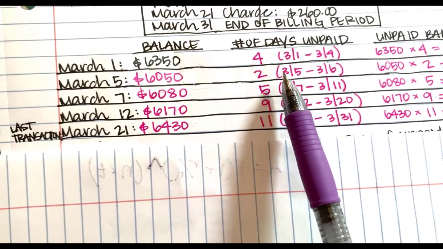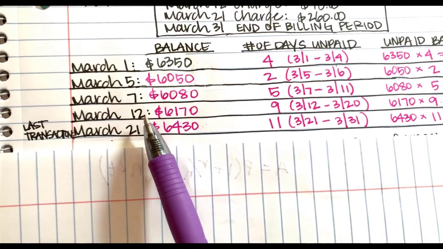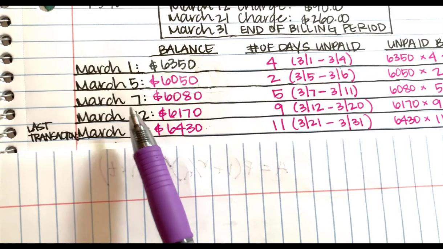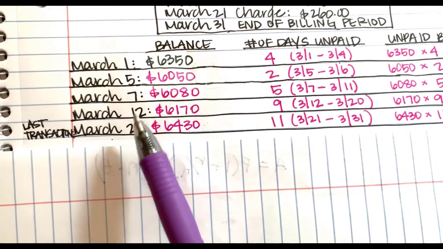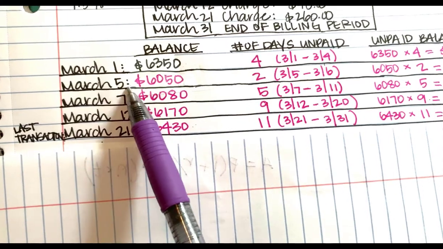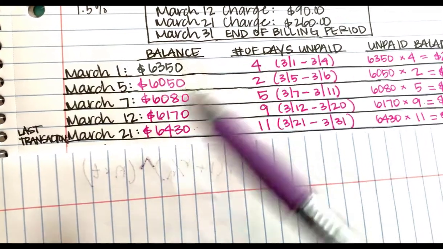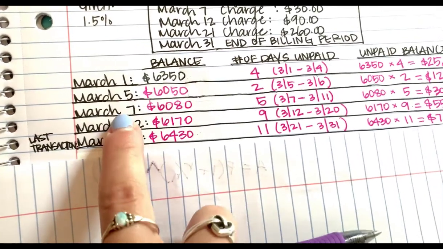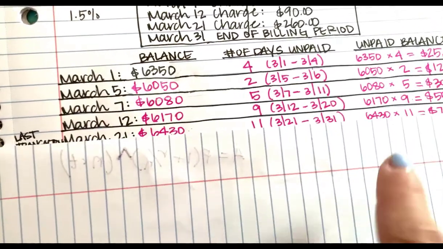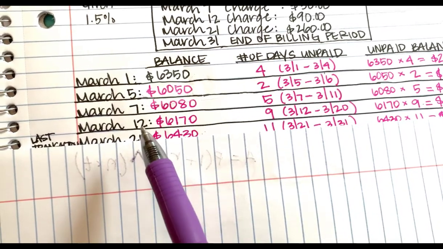Moving down, we go from 3/5 to 3/6. Notice that whatever the following date is on the next line, we cannot include that in this row. We can only include on this row March 5th and March 6th, which is 2 days. For this row, we can only include March 7th through the 11th because the next row starts with March 12th.